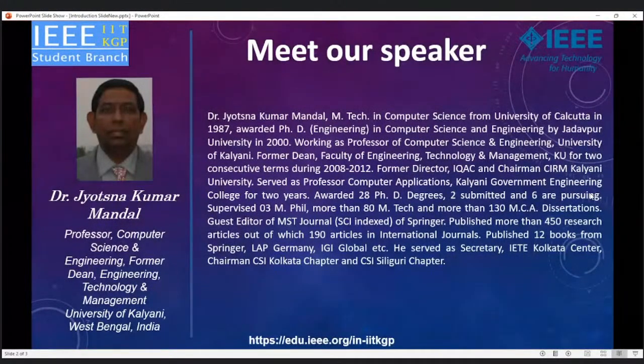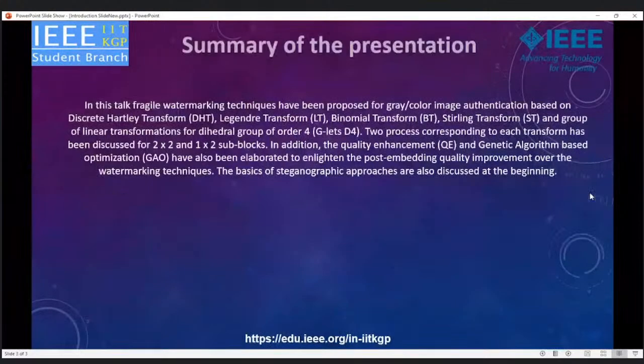So this is a very brief introduction about sir, and now a quick summary of the topic on which he will be talking in detail, and obviously he's an expert in this field. In this talk, fragile watermarking techniques have been proposed for gray or color image authentication based on Discrete Hartley Transform, Legendre Transform, Binomial Transform, Stirling Transform, and a group of linear transformations for dihedral group of order 4.